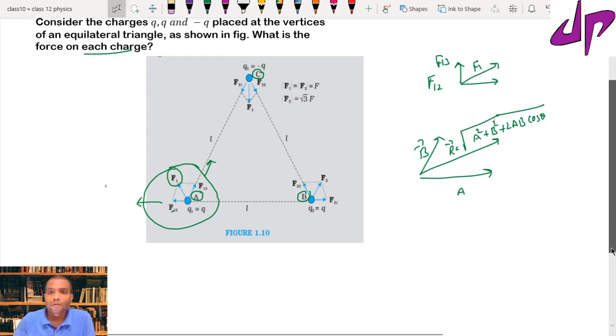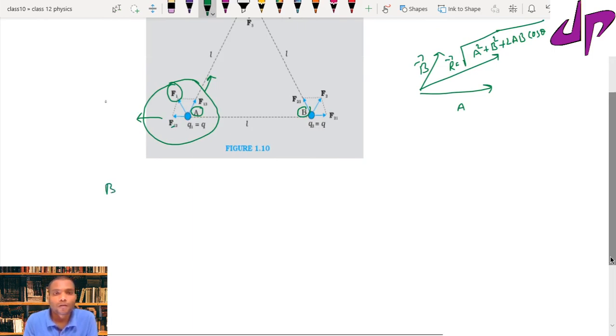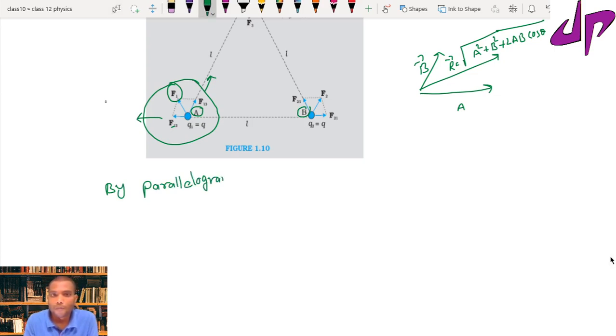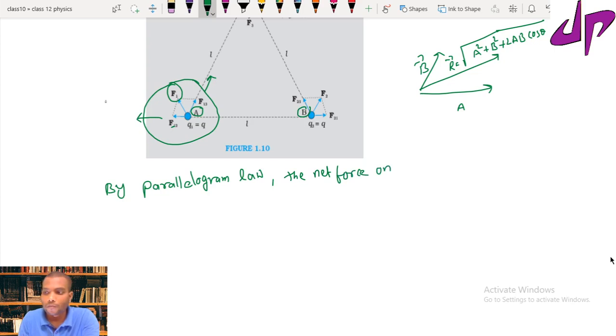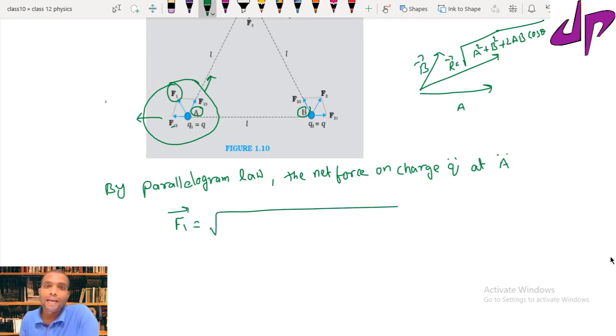So by parallelogram law, the net force on charge Q at A, I can represent F1 bar equal to square root of A square plus B square plus 2AB cos theta. Here, I can take the net force as F square, since all have the same magnitude.